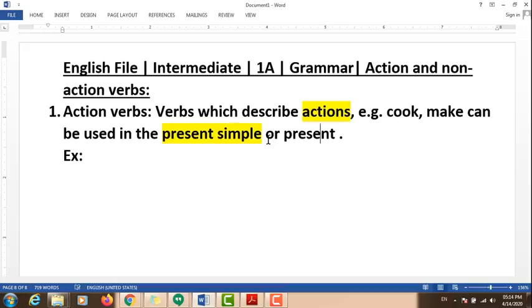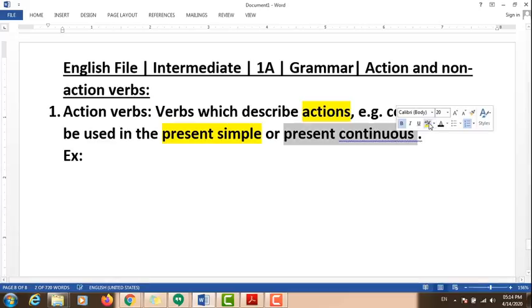Okay, verbs that show an action, a physical action. Eating is what? A physical action. Okay, so you can use them either in present simple or present continuous.